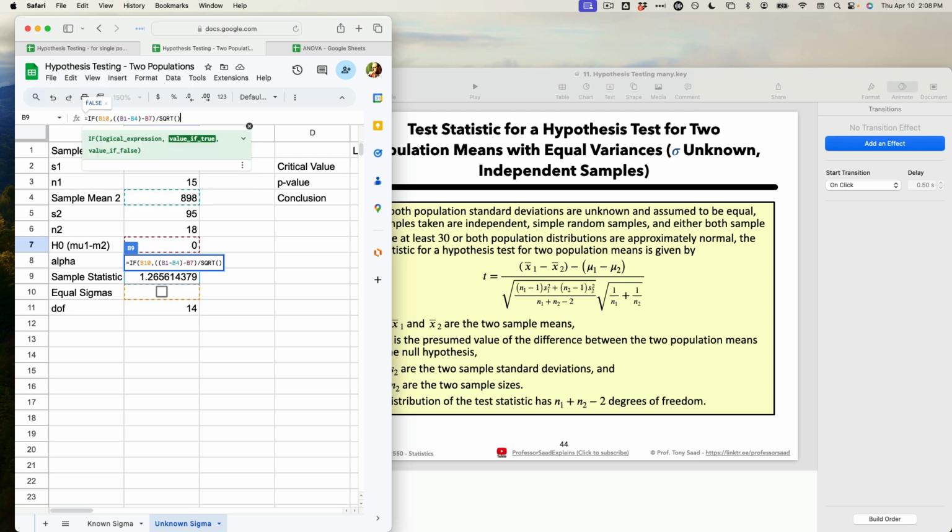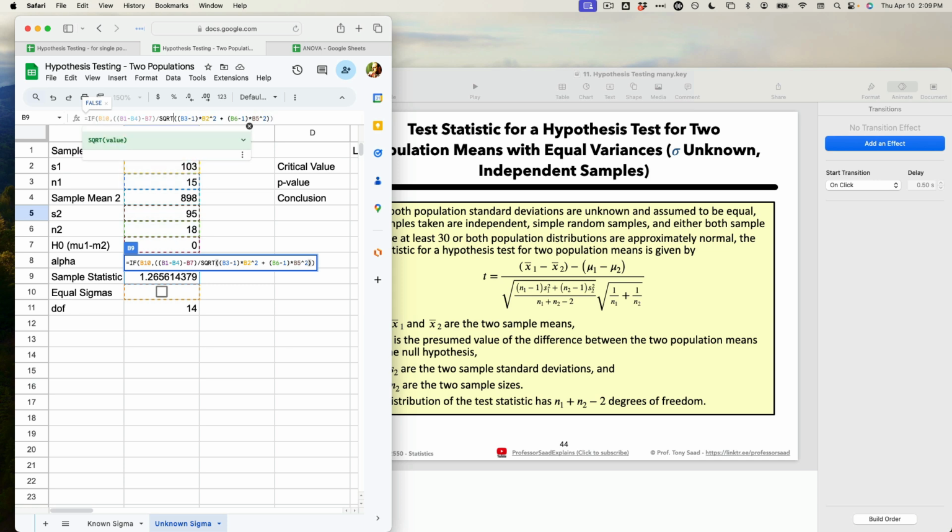The first one, again, we're going to do a numerator: n1 minus 1 times the sample variance 1, so s1 squared, plus n2 minus 1 times s2 squared. All of that is going to be in the numerator.